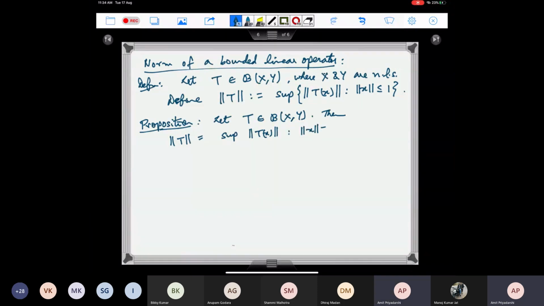So instead of taking the closed unit ball, we can just restrict to the unit sphere, and this supremum we are claiming is again equal to norm of T, and this is also equal to the supremum of norm Tx by norm x for all non-zero vectors x, and it is also equal to the infimum of all m greater than 0 such that norm Tx is less than or equal to m times norm x for all x in X.